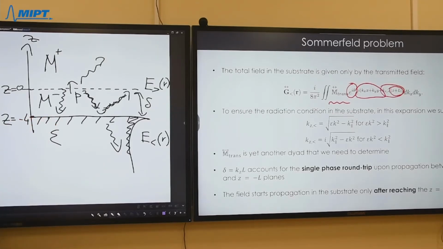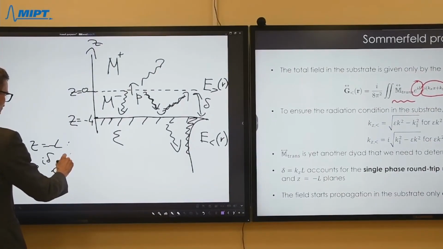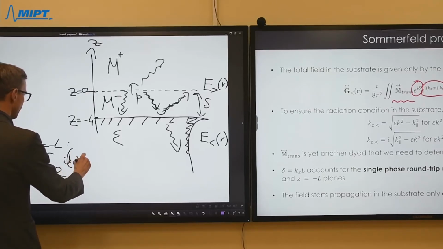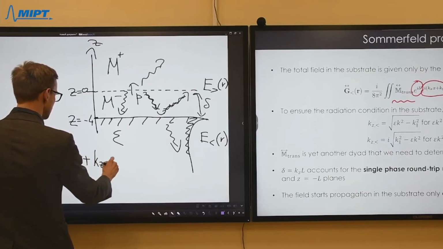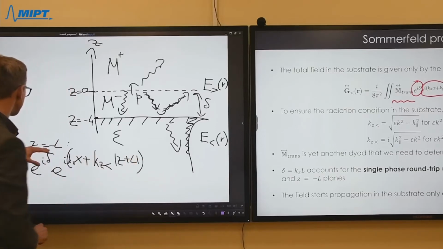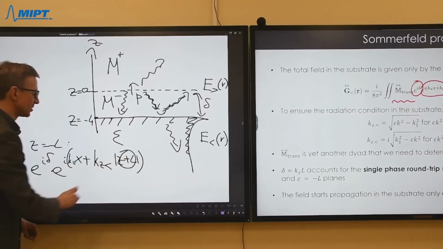So if we plug z equals minus L, then this will be equivalent to e to the power i delta times e to the power i (k parallel x plus kz (z plus L)). But because at the substrate z equals minus L, this is 0. And this is the correct result.